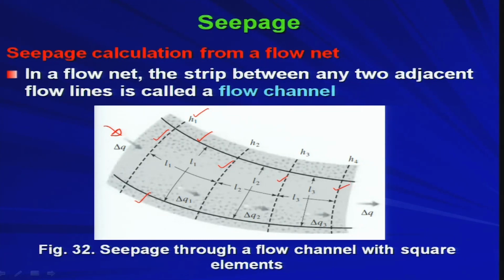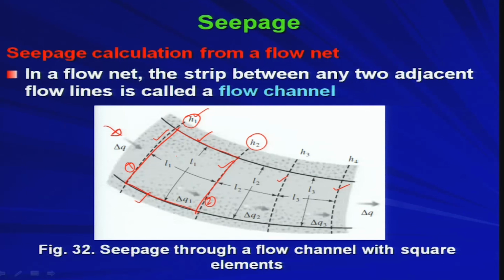Okay. So, from equipotential line 1, if you come to equipotential line 2, you are getting the head drop. It was H1 along equipotential line 1, now it is H2 along equipotential line 2 and so on, right. And the element bounded by this flow line, equipotential line, another flow line and equipotential line is nothing but a square.